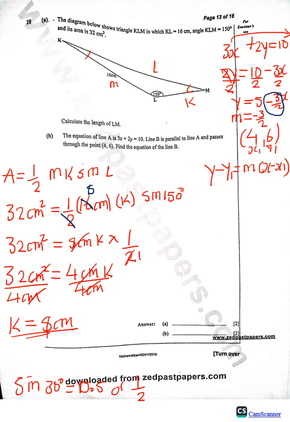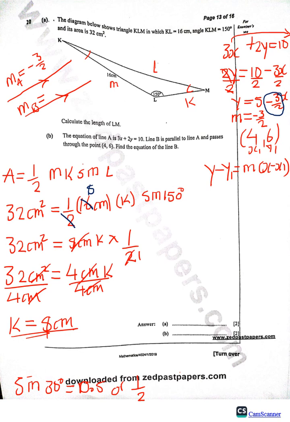Now the point here is, if we have two lines, this is line A and this is line B. So the gradient of line A is equal to negative 3 over 2. What is the gradient of line B? Now, since these two equations are parallel to each other, their gradients will be equal.